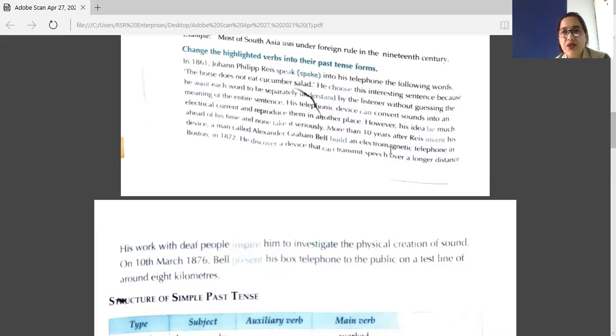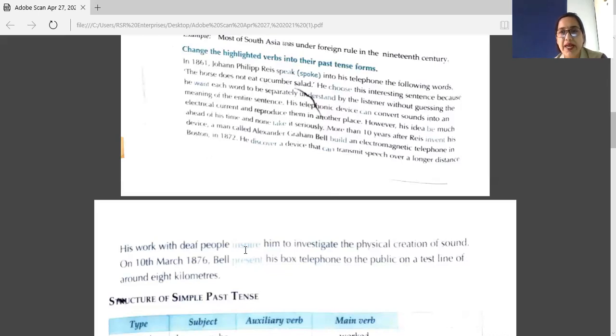An electromagnetic telephone in Boston in 1872. He discovered a device that, now past tense of can, could transmit speech over a longer distance. His work with deaf people, word given here is inspire.